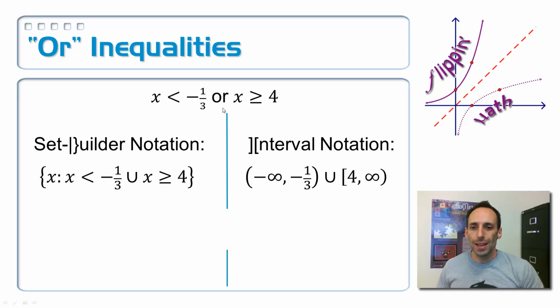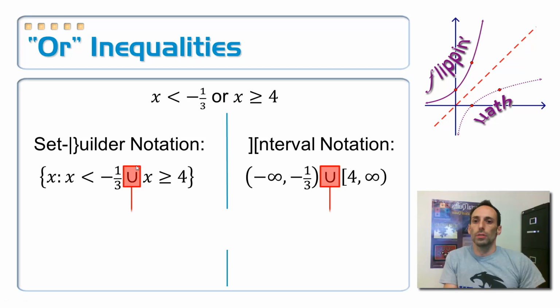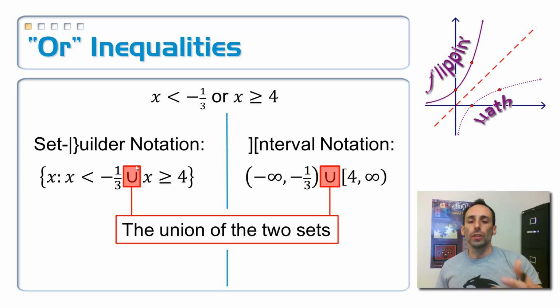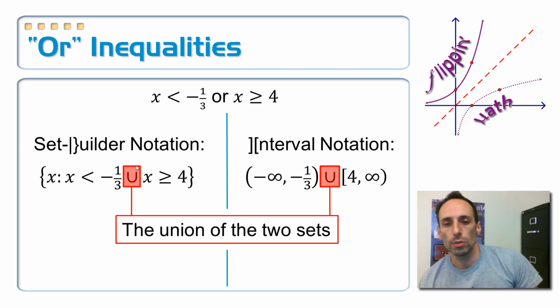You just write it exactly like you see it here, but you put curly brackets around it, exactly the same way. But it has something that looks like a U in it. That is another piece of notation, and it just means the union of those 2 sets.